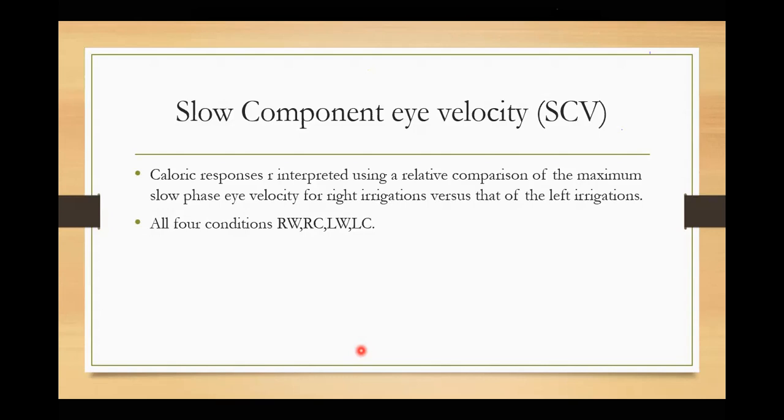SCV is slow component eye velocity and SPV is slow phase velocity. So we will be doing it individually and we will have a 10 minute break in between. We will have right warm, then right cold, then left warm, and then left cold. But in the order of doing it, we will do it like this: right warm, left warm, right cold and left cold.